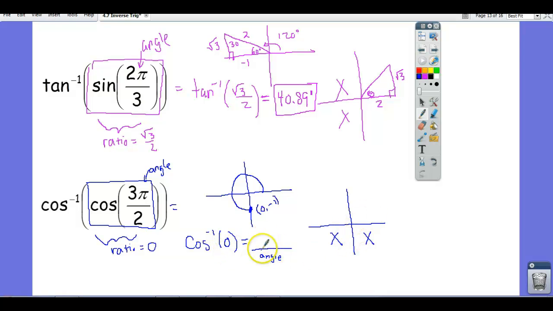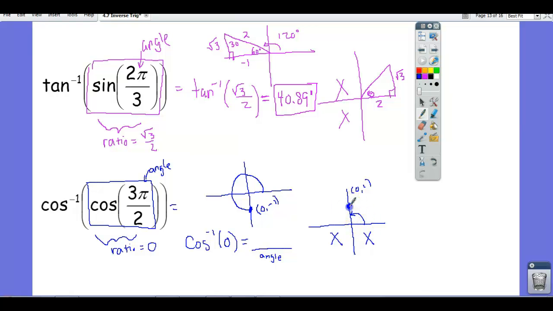So the question now is, what angle when you take the cosine of it gives you an answer of 0? And again, we can only use any angle that lands between 0 and pi, including 0 or pi. Well, that angle happens to be 90 degrees, right?